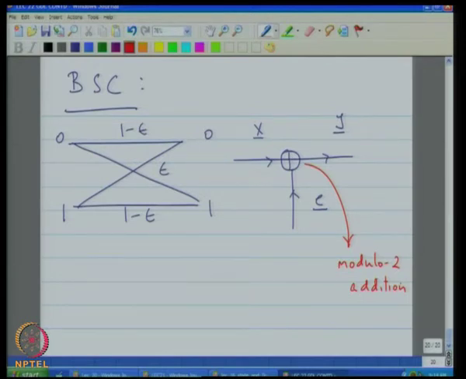And this x is drawn from our code, where script C stands for the code.